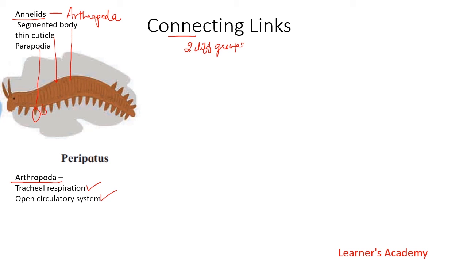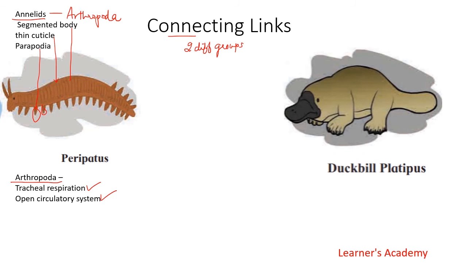Now let's have a look at the duckbill platypus. It lays eggs like reptiles, and most of the characters of this animal resemble the reptilian group, but it has mammary glands and it has hair on its body like mammals. So it is a connecting link between reptiles and mammals.